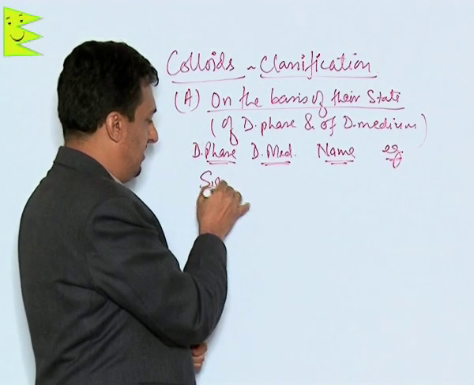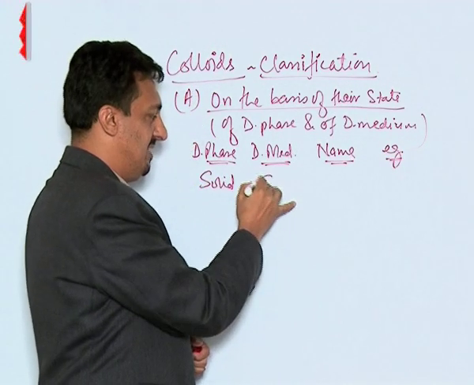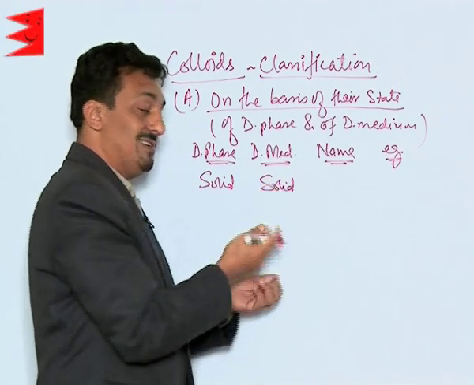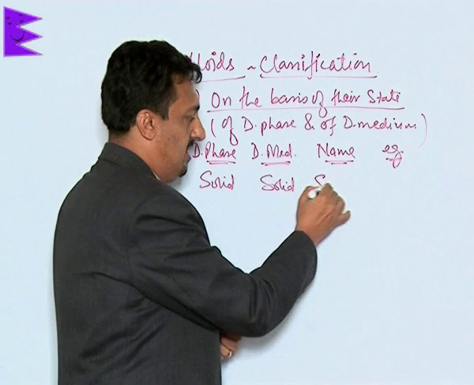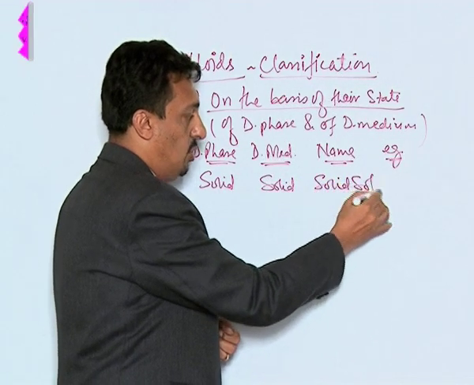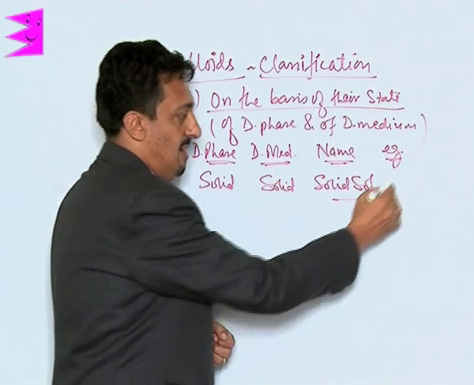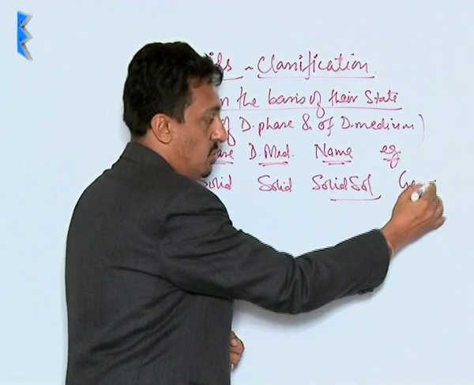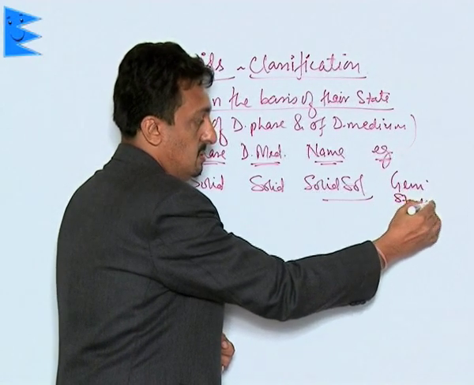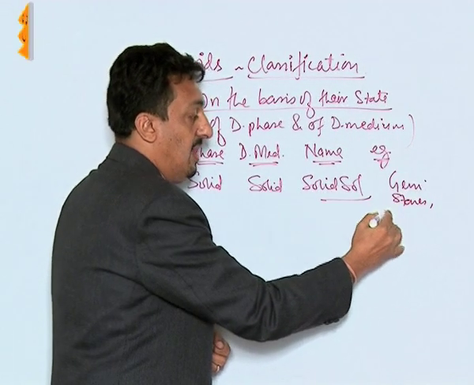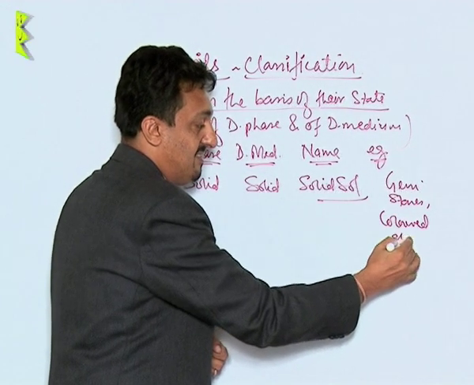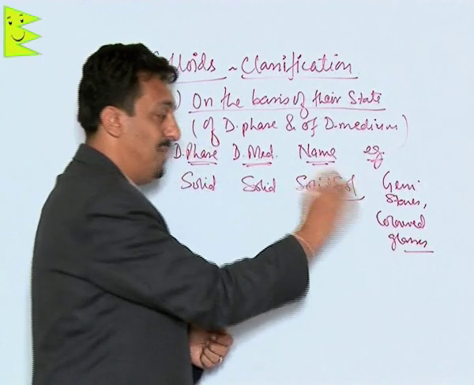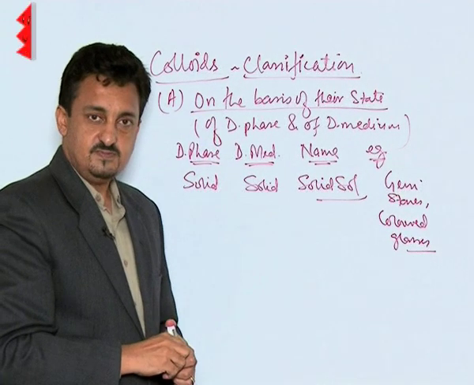So if the dispersion phase is solid and the medium is also solid, so we call it a solid in a solid. It's called solid sol. And remember, gemstones and some colored glasses are the best examples of this.